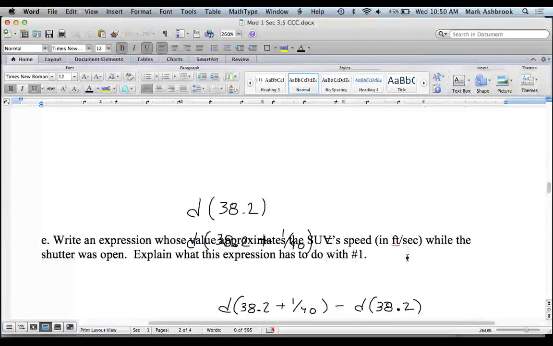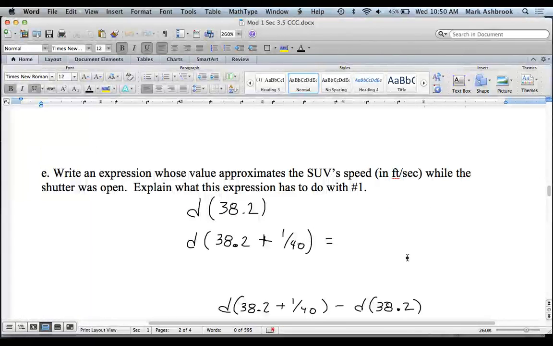Okay, so then it says write an expression whose value approximates the speed in feet per second while the shutter was open. So we got the distance while the shutter was open. What do we want to do? So this is the change in distance. So what do we do? So speed is change in distance times change in time?